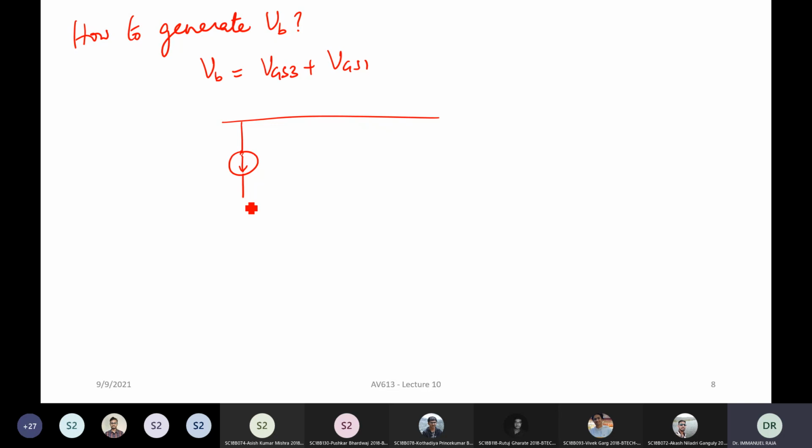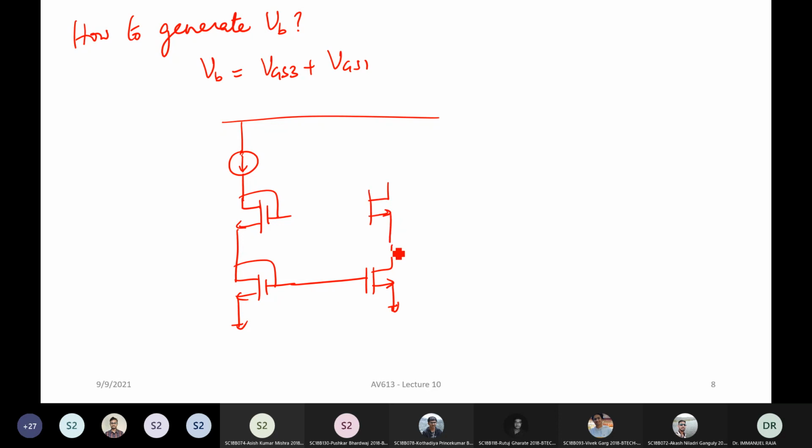A very easy, straightforward way is to put one more diode connected transistor on the left hand side. So let's call this M1, M2, sticking to our previous convention, this is M3. And now you have introduced M4. So what will happen? This will be basically a VGS4. This is another VGS, right?